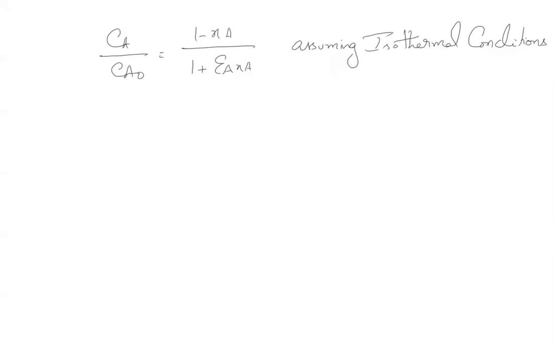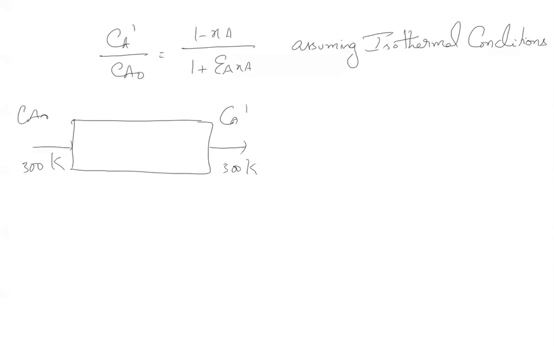That is, if my PFR inlet is 300 Kelvin, outlet is also 300 Kelvin. Let's assume this is CA naught, this is CA prime. In reality, CA prime is at 300 Kelvin, and CA is at 360 Kelvin. So CA prime into 300 is equal to CA into 360.